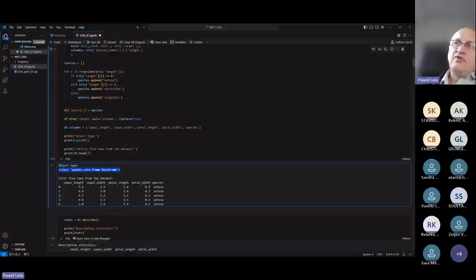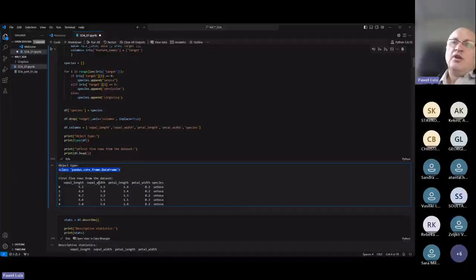So we see 4 columns corresponding to these variables, which I mentioned before: sepal length, sepal width, petal length, and petal width. And species, it is a name of this group of flowers which are described in some rows of this data frame.